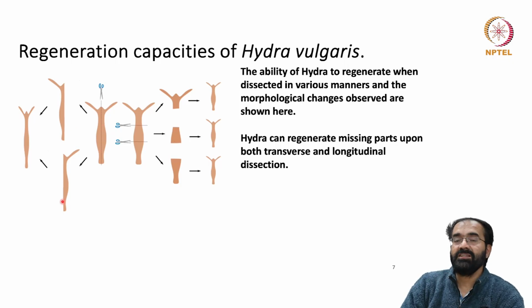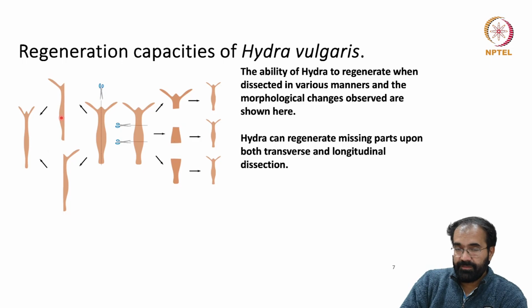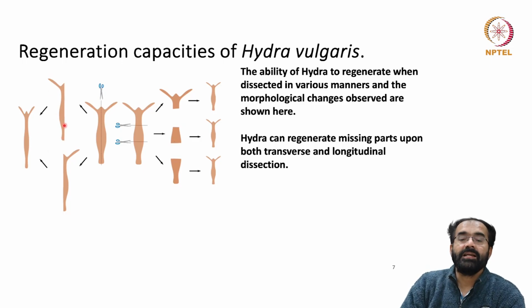But the important thing to note is, it simply does not produce only the missing part. Eventually it produces the missing part, but with the availability of this entire left half, it made a miniature whole animal. Say for example, let us assume the hydra is 1 kilo, easy. So you cut it into two pieces, 500 gram and 500 gram.